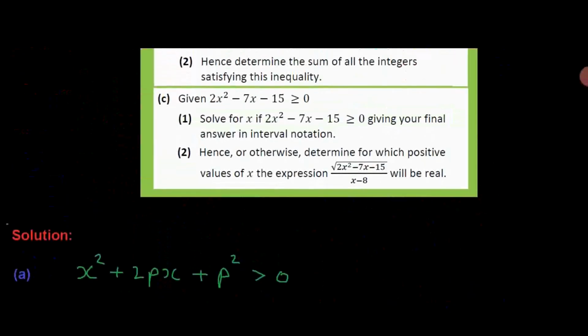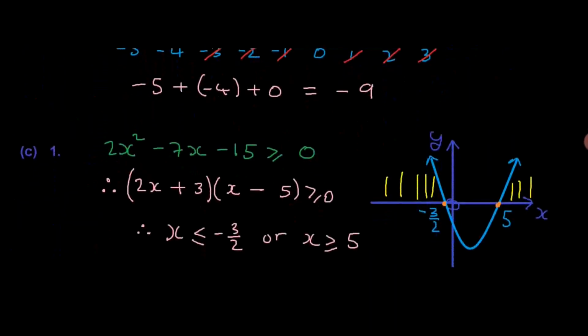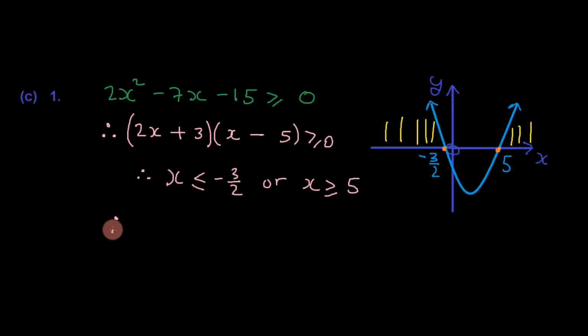Now, the question did say, give your final answer in interval notation. So let's do that. Once again, x will be an element of the union of these two intervals.